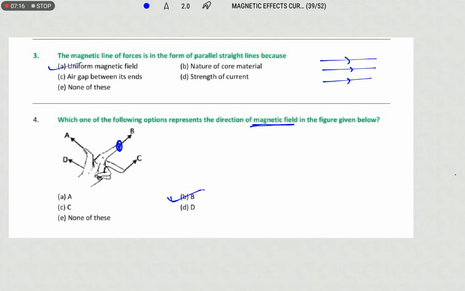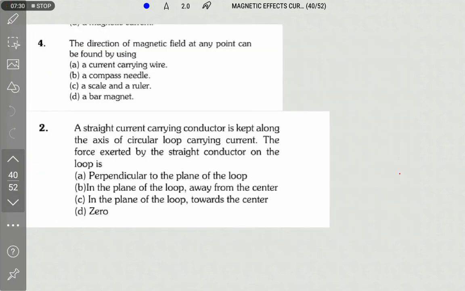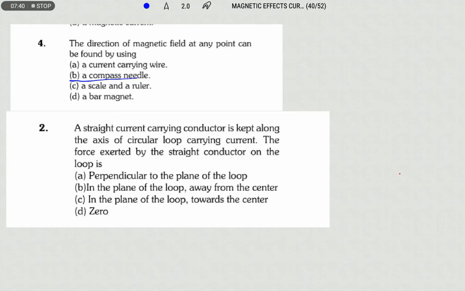Then C gives the direction of the current, and A gives the direction of force acting on the conductor. Right. The direction of the magnetic field at any point can be found with the help of a compass needle.